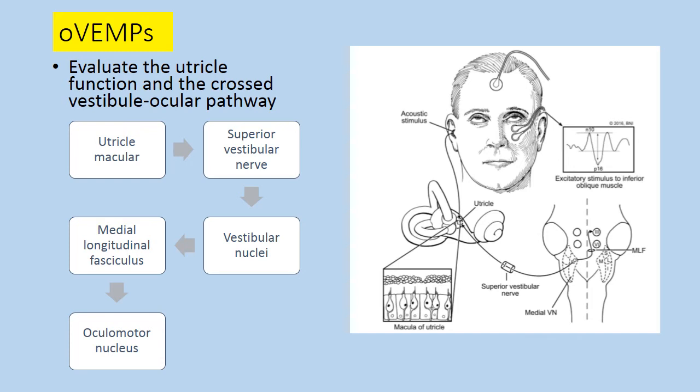OVEMPs evaluate the utricle function and the cross-vestibular ocular pathway. The OVEMP test is believed to measure the vestibular function from the utricle macula via the superior vestibular nerve, which then crosses the midline to the contralateral medial longitudinal fasciculus and the oculomotor nucleus.